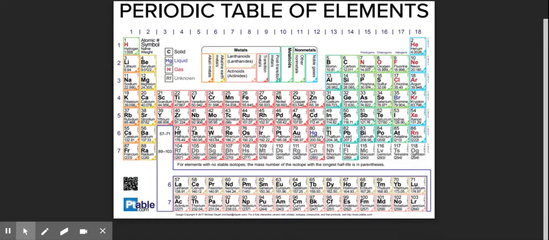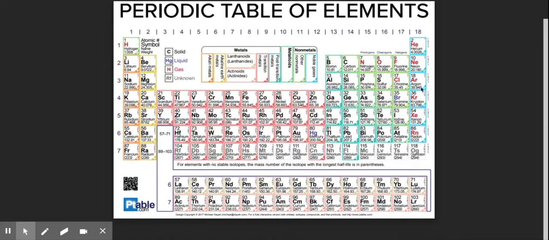Which one is 18? Right here. What's the symbol? Capital A, lowercase r. What's the name of that element? Argon. What's the atomic mass? You would round it up to the nearest whole number, 40.